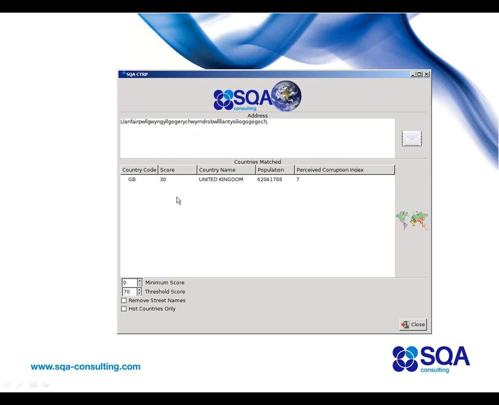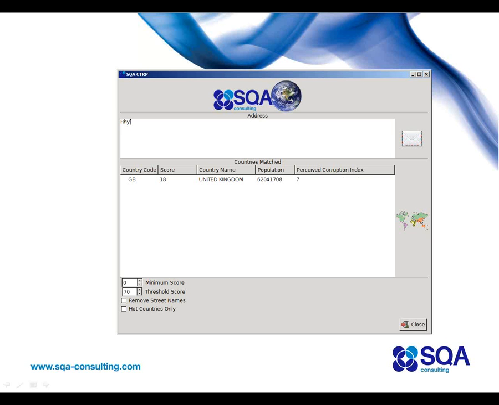That scored 30 points on my scoring system here. Your scoring system on your pre-built product like Focus Opt or whatever will probably have similar algorithms to this. And if I compare that to Rhyl, a similar place in North Wales, but obviously very short, that's only scoring 18. So you can see how I've made the length of the name significant in the scoring.